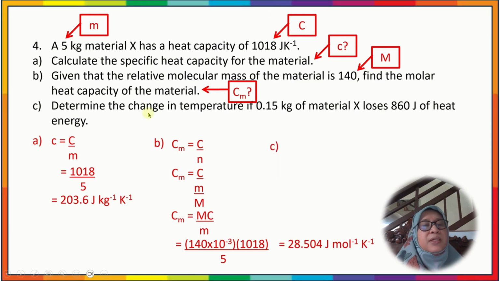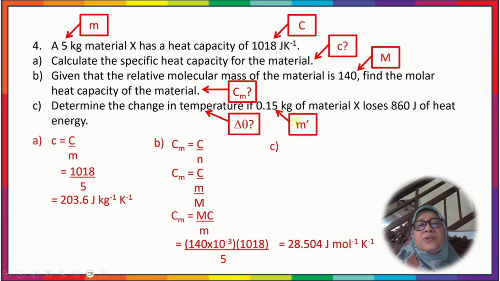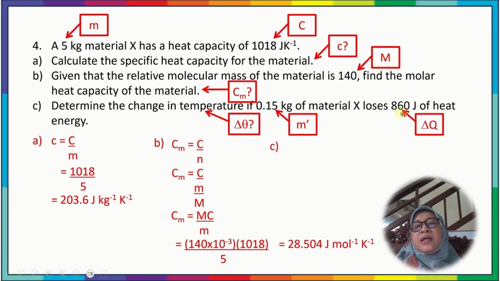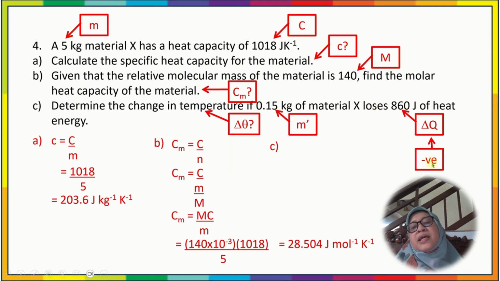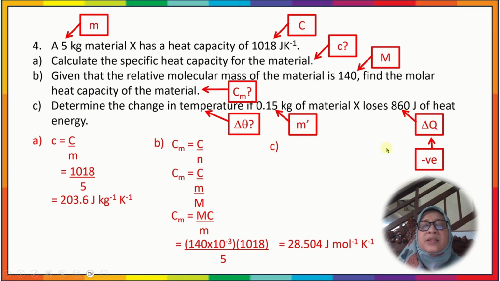Okay, next question C. Determine the change in temperature if 0.15 kg is given. So this is the new mass, and we label it as m prime. It loses 860 joule of heat. So this is delta Q, and from the word loses, that means the sign we give to heat here is negative. Okay, so we use the formula delta Q equals m c delta theta.